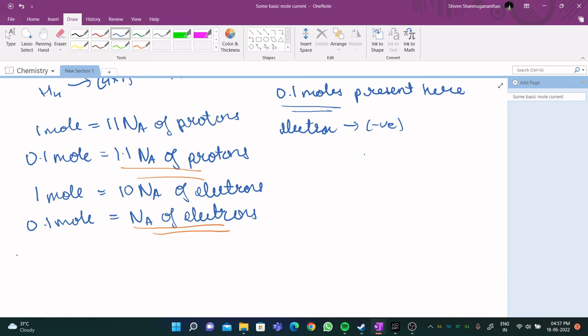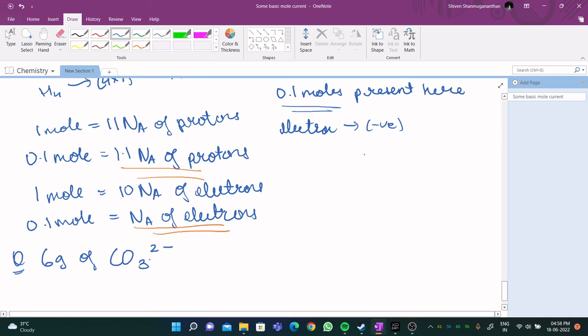Let's take the carbonate ion question. We have 6 grams of CO3 2 minus.